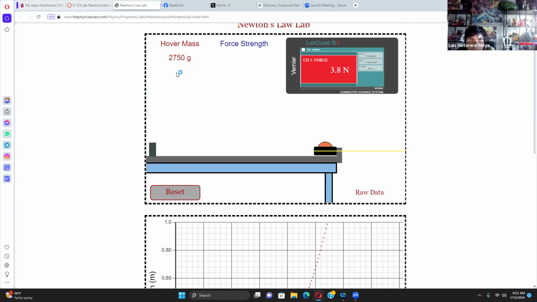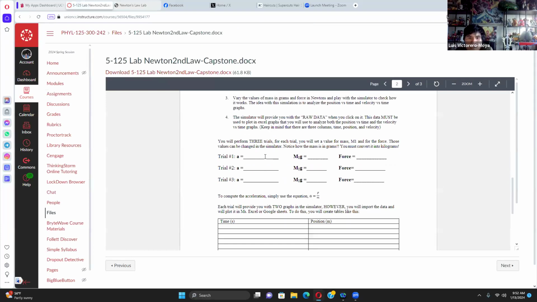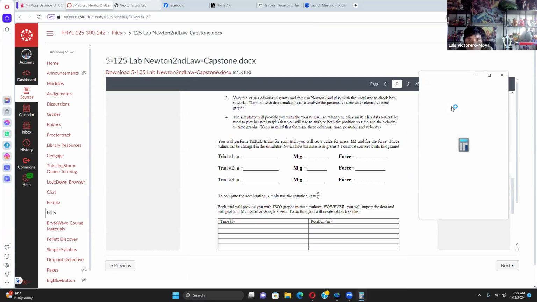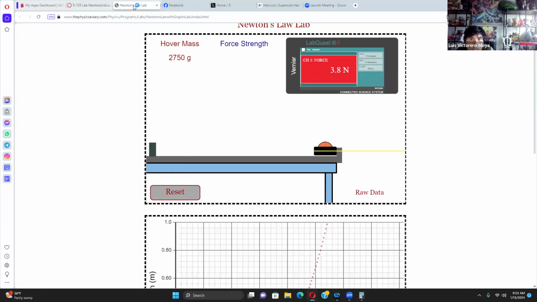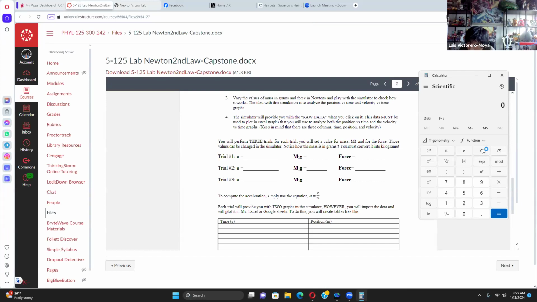Okay. Now, if you have the force and the mass, in here you need to write the weight of the object, which will be 2.75 kilograms times 9.8.